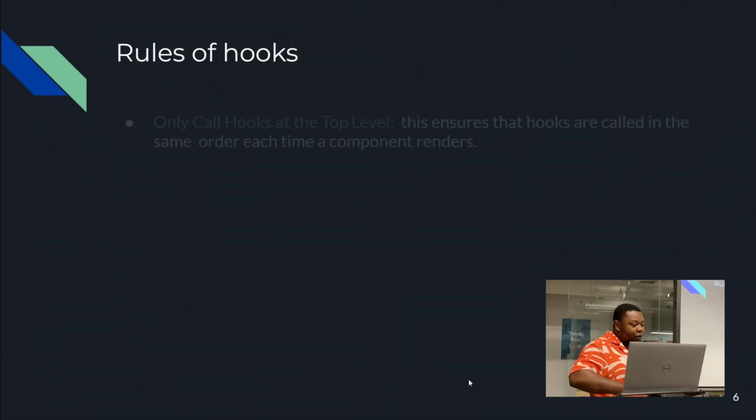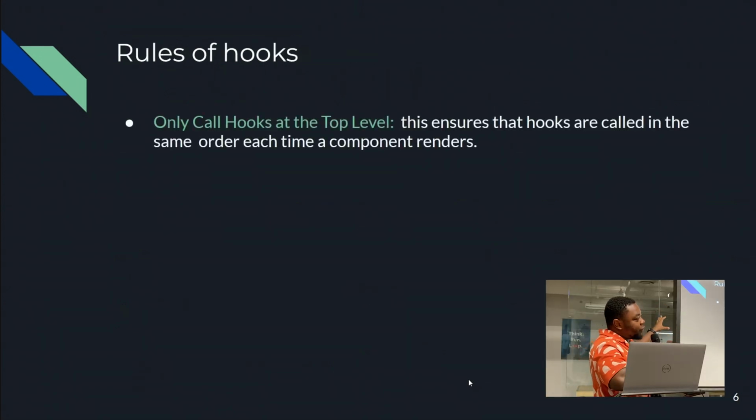And then rules of hooks. As you remember, by definition, we said it's just a function, a special function, but those special functions have some rules, and those rules are actually enforced. They must be called at the top level. What this means is that you cannot call a hook inside a condition like an if statement, inside a loop, or anything like that. They have to be at the top level of your component or your custom hook, as we'll see.